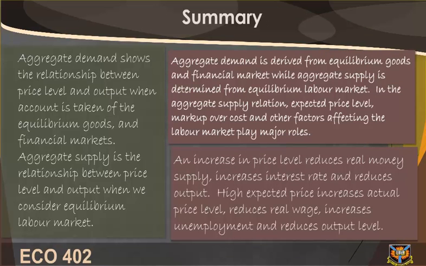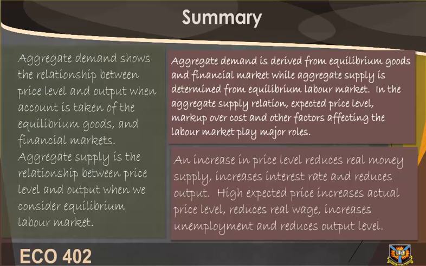Summary. Aggregate demand shows the relationship between price level and output when account is taken of the equilibrium goods and financial markets. Aggregate supply is the relationship between price level and output when we consider equilibrium in the labor market. Aggregate demand is derived from equilibrium in the goods and financial markets, while aggregate supply is determined from equilibrium in the labor market.